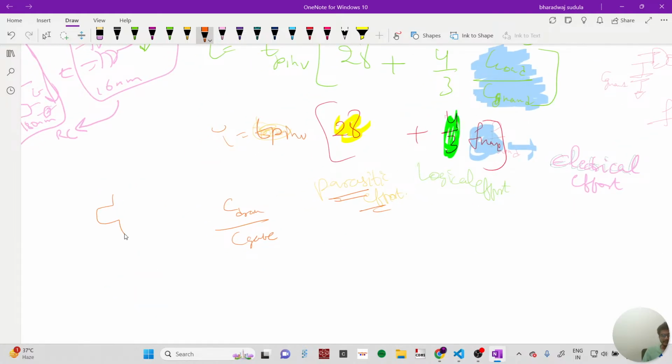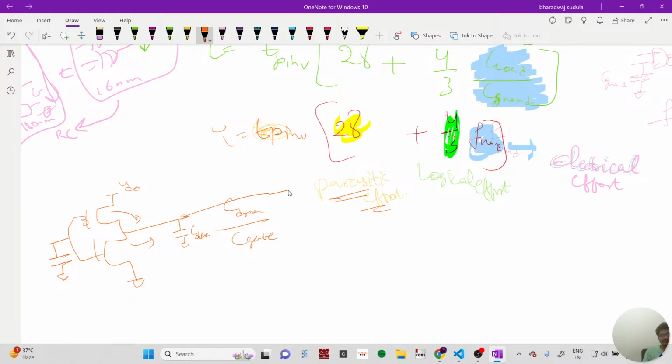For an inverter, VDD, this will be diffusion cap, which is produced by this one and this one, and we'll have this input gate cap.